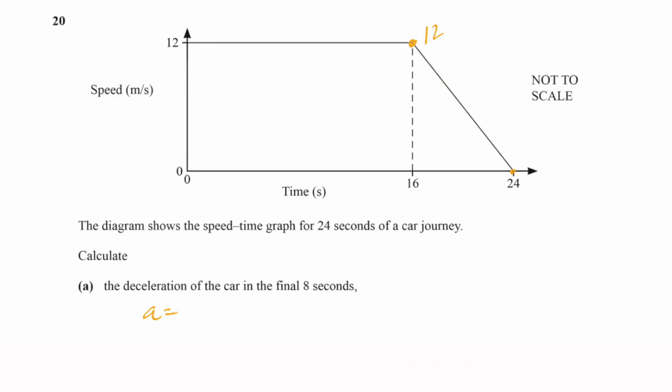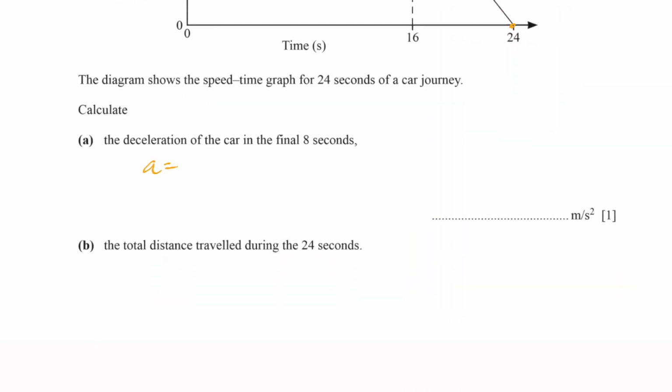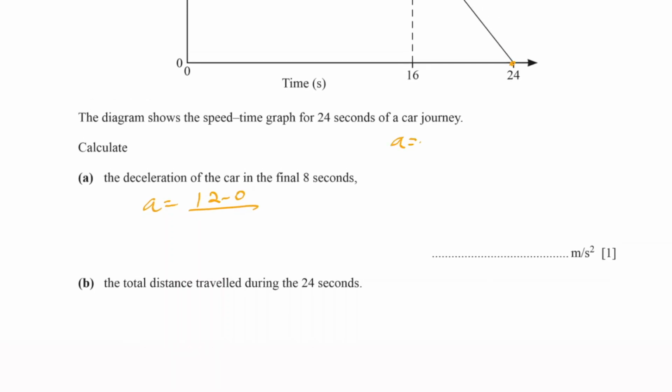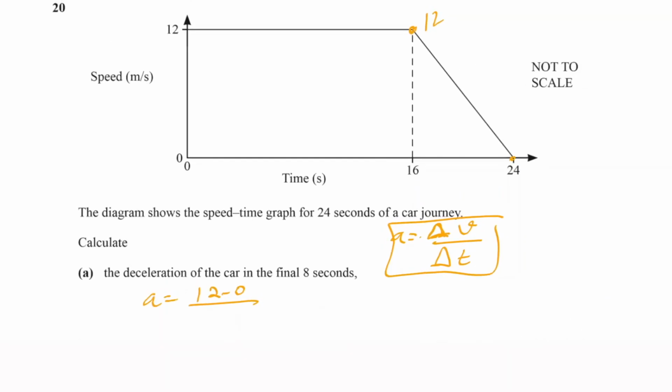So the change in speed is 12 minus 0. We usually write acceleration as delta v by delta t, but I'm writing delta as change.